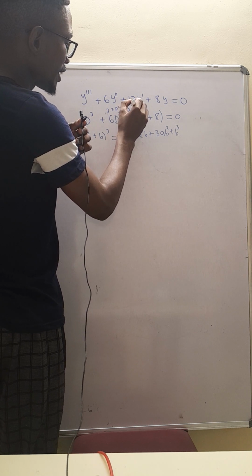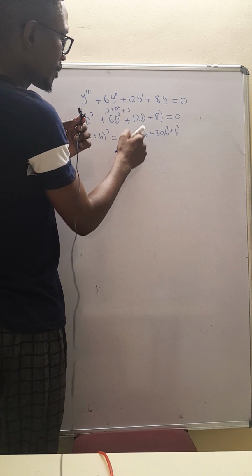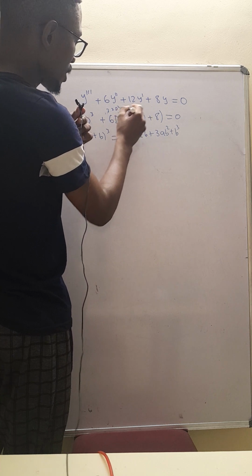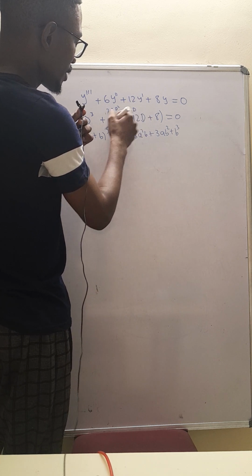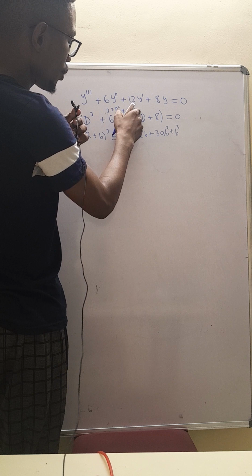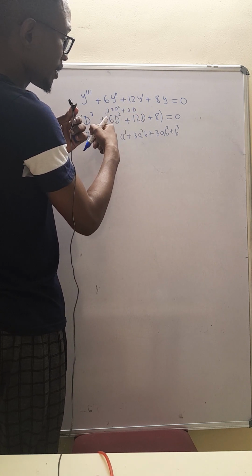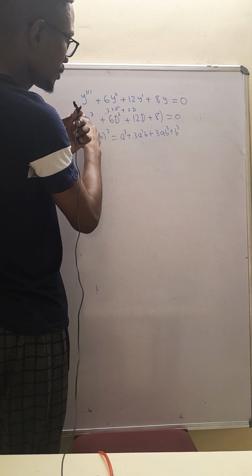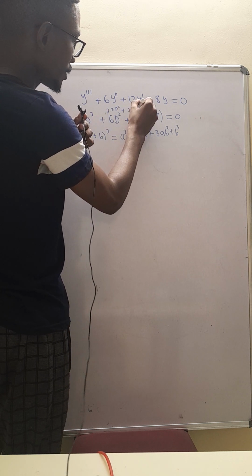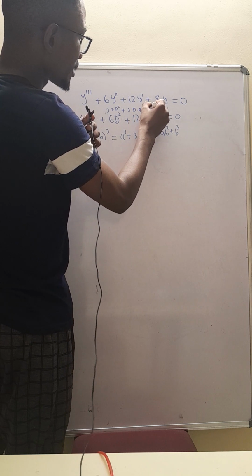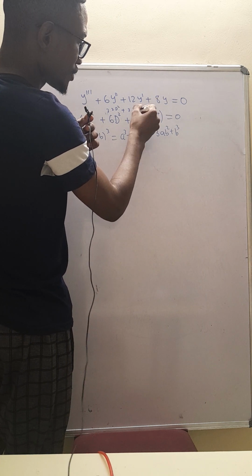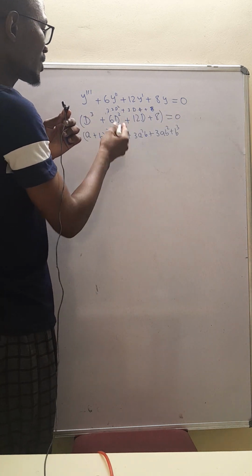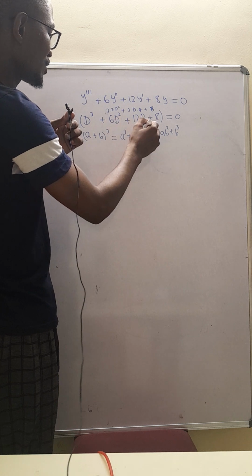Then 3a, where a is the same as D, times 4, then plus 4, then 8. Just the point. So by looking at this, we know directly that this one is equal to this.